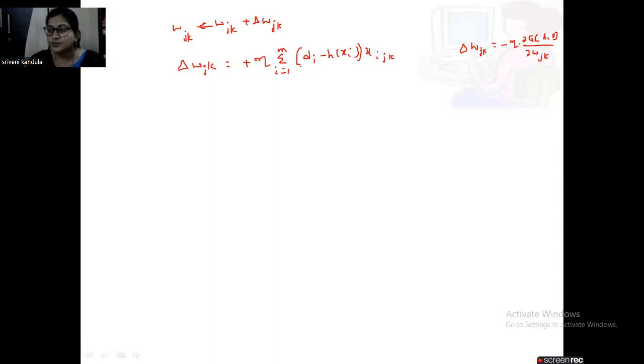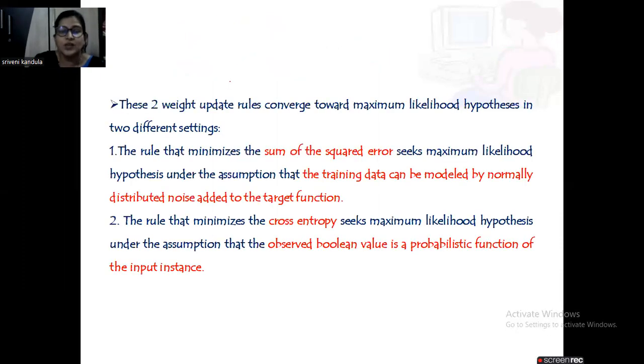So finally, we can conclude that this is the formula that we will be using for weight updation. So finally, what we can conclude is these two weight update rules, when they converge toward the maximum likelihood hypothesis: the rule that minimizes the sum of the squared error seeks the maximum likelihood hypothesis under the assumption that the training data can be modeled by normally distributed noise.